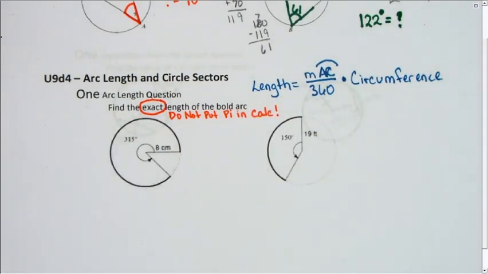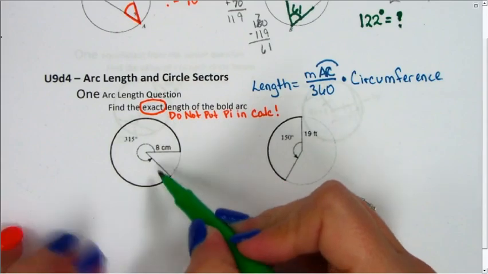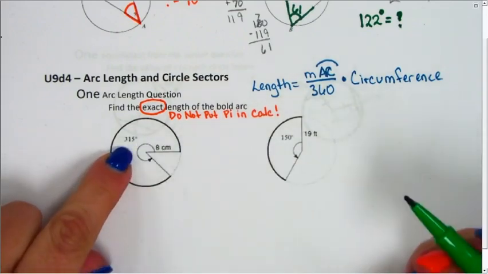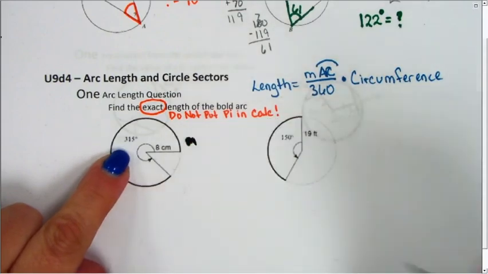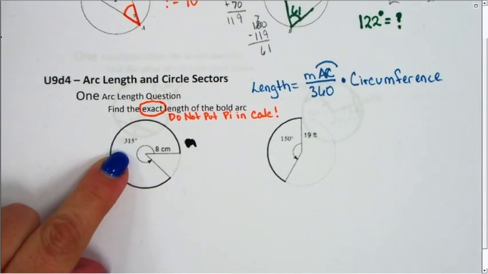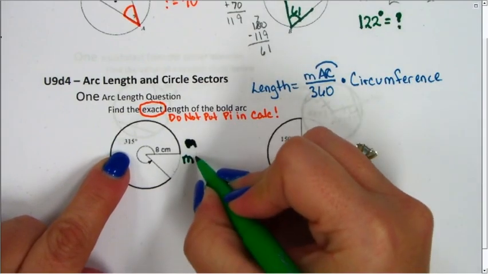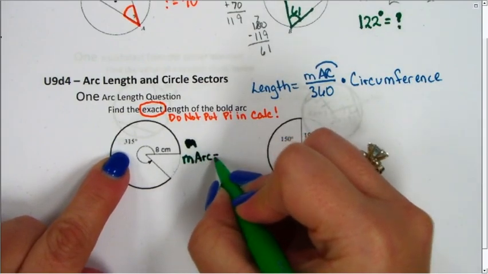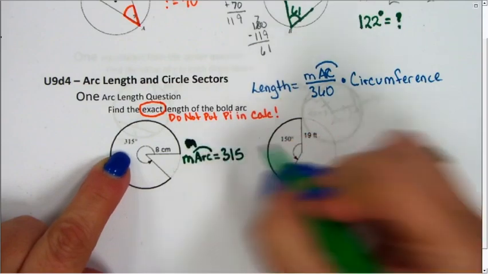Okay? All right, so when I look at the first one, I can see the bold arc that I want to find the length of has a measure of 315 degrees. The measure of the arc equals 315 degrees.